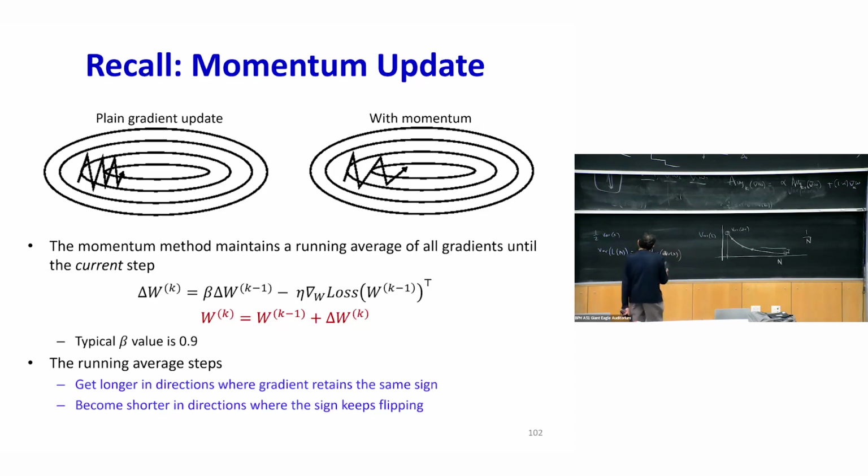And so I can just say that I am using, let me call this delta W as the step. Delta W of K is going to be some beta times delta W of K minus 1 plus alpha times delta W of K. So this is basically saying that this is the latest gradient, actually.